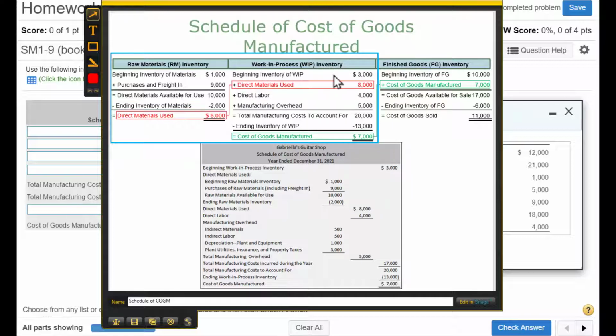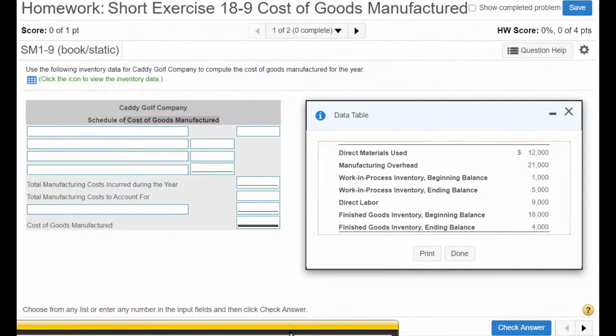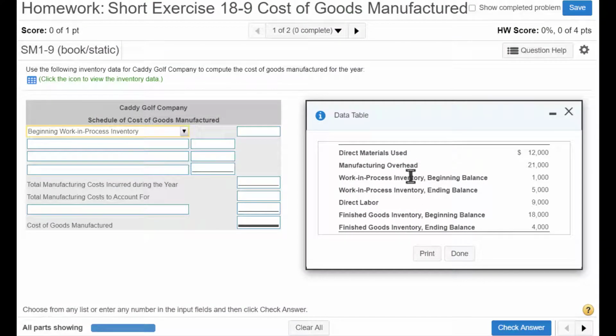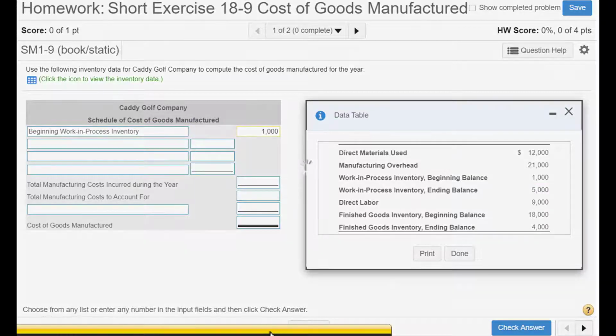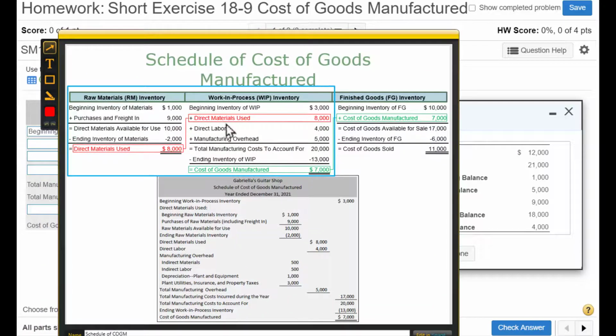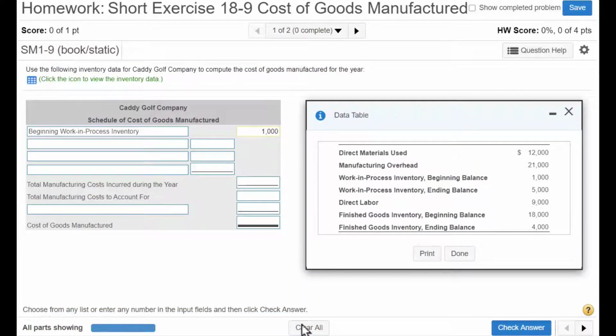So we're going to start with beginning inventory of work in process. Beginning work in process inventory. Let's find that over here. Beginning balance, 1,000. Next, we have our direct materials used. And remember, we're not going to break it out using all this detail. We're just going to show direct materials used right here.